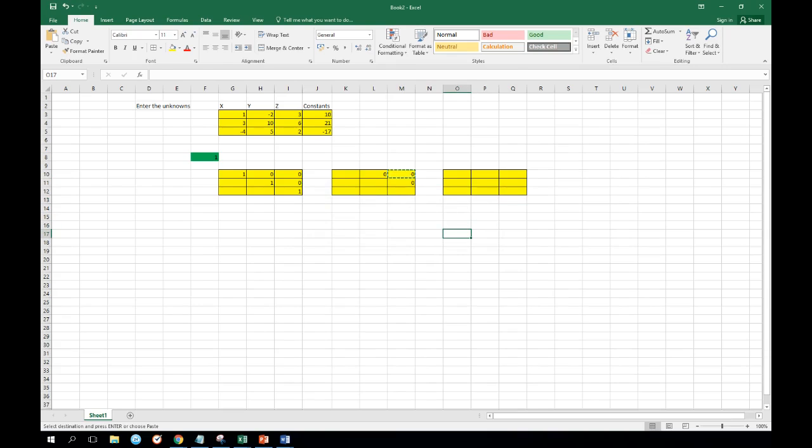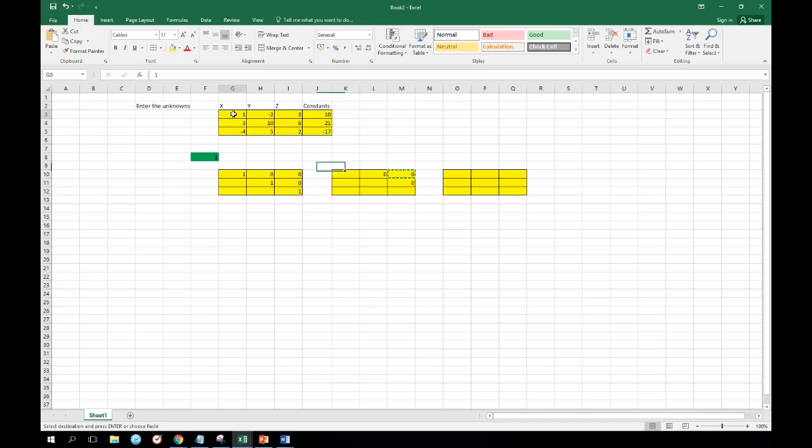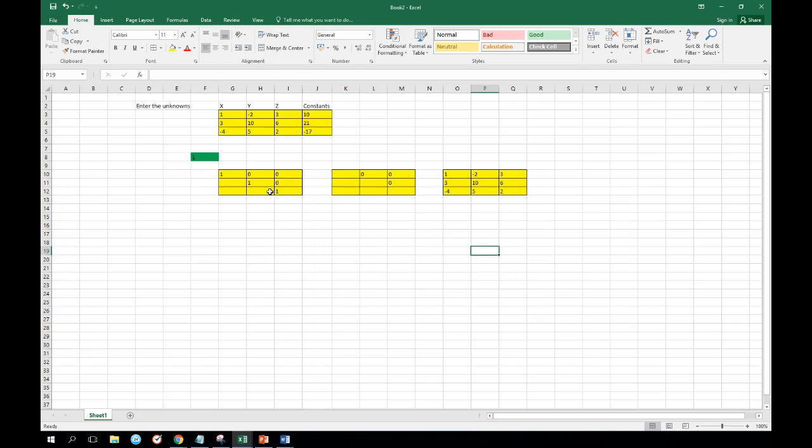For the part that says A, the values for these are the numerical coefficients. So let's just do a formula here and then drag this one. Whatever is showing here is also what should be seen at this part. Now let's proceed with the formula that we did.